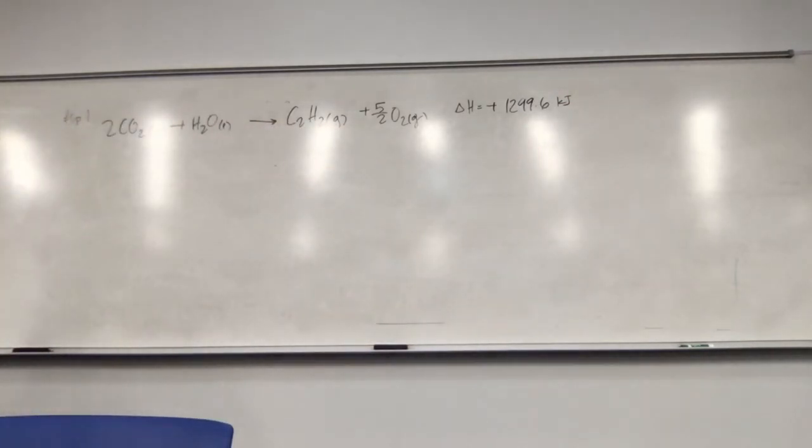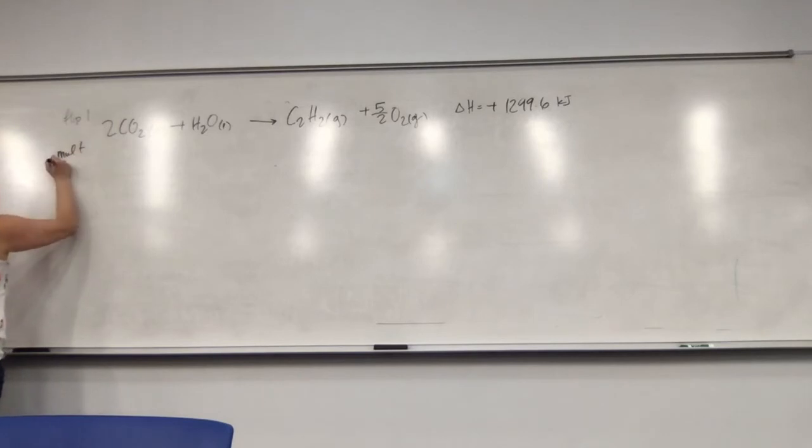For the second one, what do we need to do to that equation? We need to multiply by 2. We need to do that because in our prompt equation, we have 2 moles of carbon solid. So we're going to multiply everything by 2.